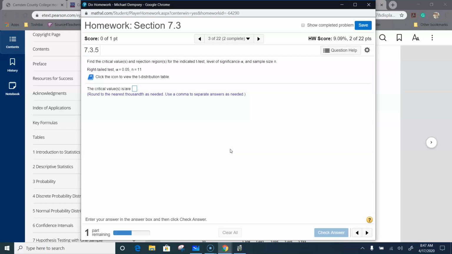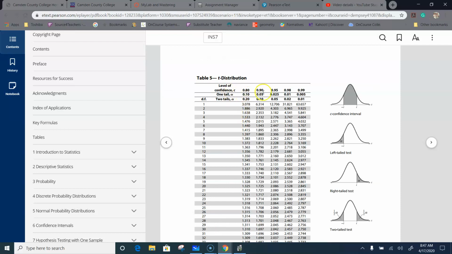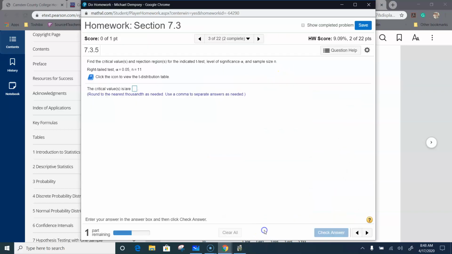Okay, so let's try another one of these in case we didn't get the hang of that quite straight away. This is a right-tailed test. Alpha is 0.05. So when alpha is 0.05 and it's one-tailed, we're going to live in this column here. It's one tail because it says straight away we're right-tailed.